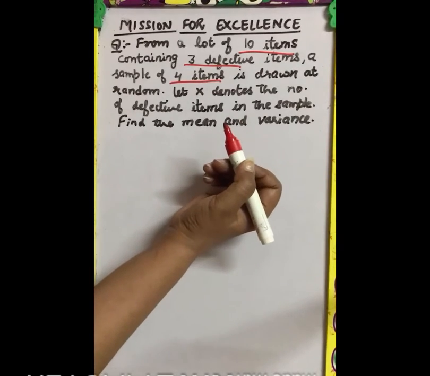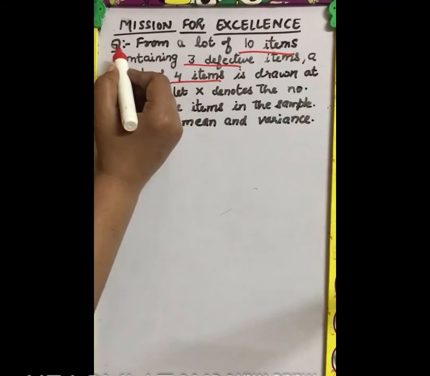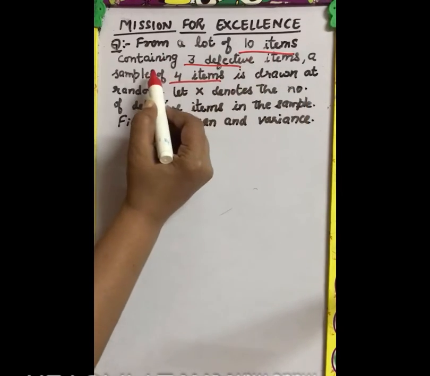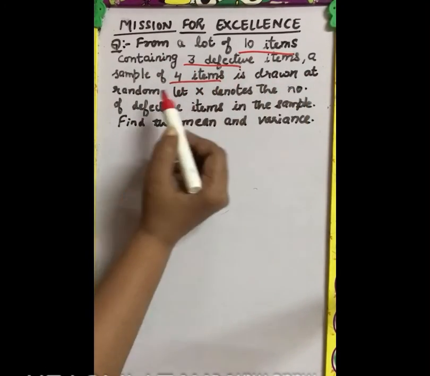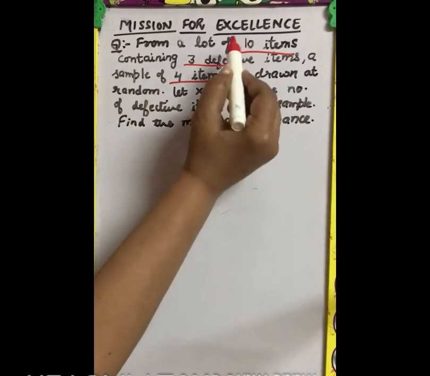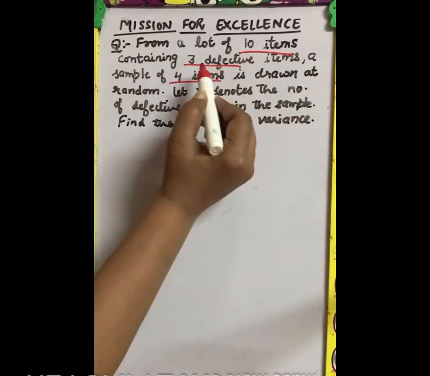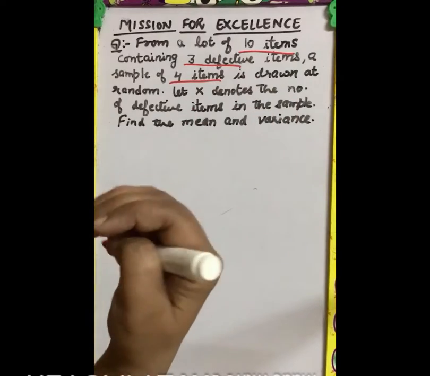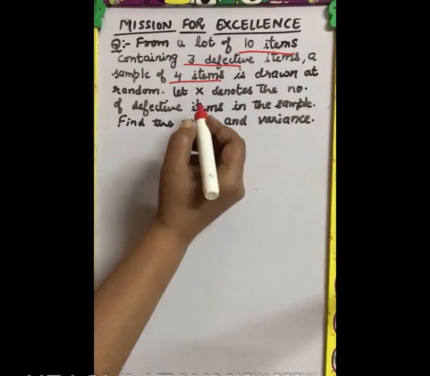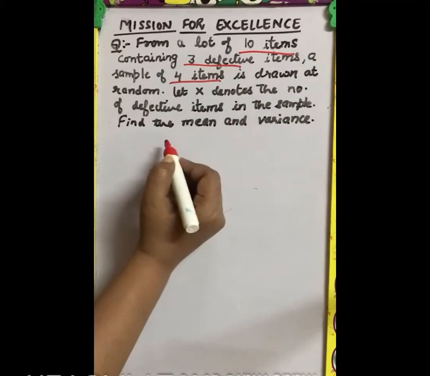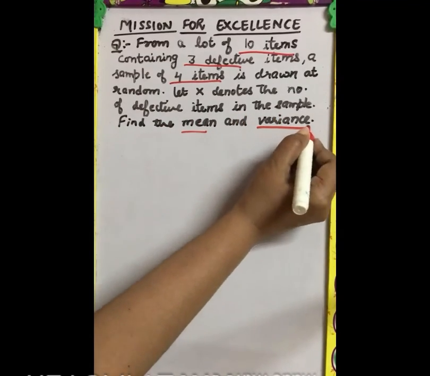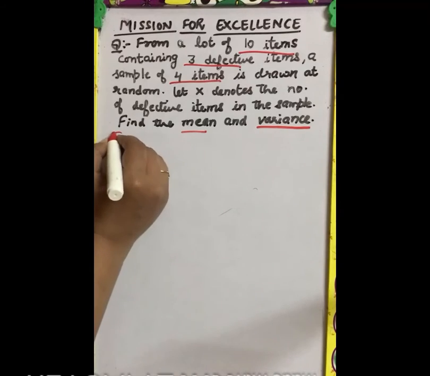The question is: from a lot of 10 items containing 3 defective, a sample of 4 items is drawn at random. It means we have a total of 10 items, out of which 3 are defective, and we take out 4 items from that lot. If X denotes the number of defective items in the sample, find the mean and variance. So let us solve this.